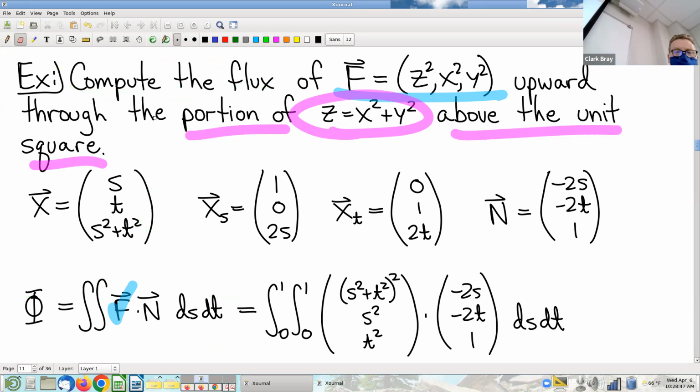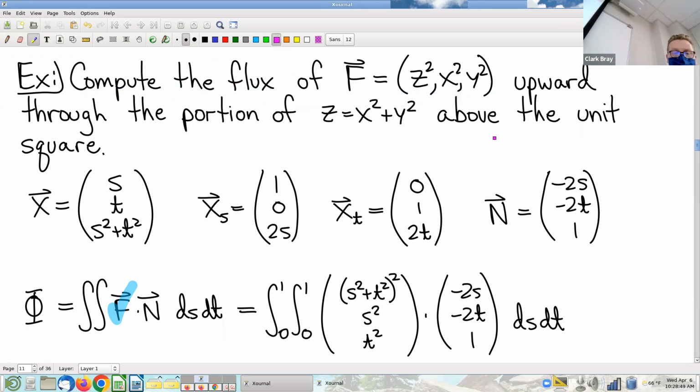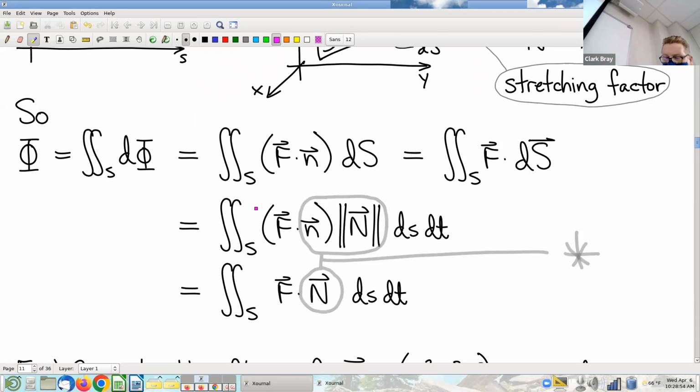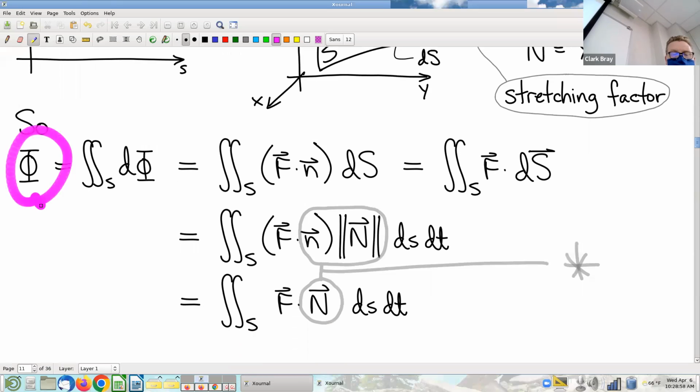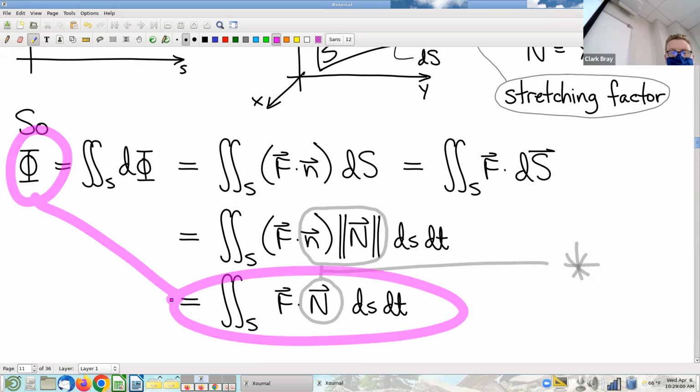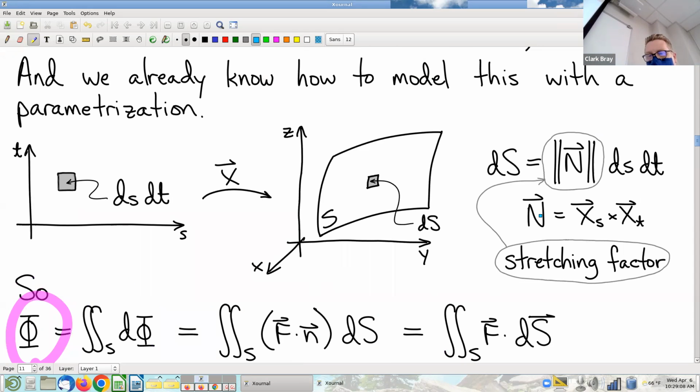Okay, so how do we compute this flux? Well, we know that in order to compute the flux from the parameterization, I'm going to be using this formula. We know that we're going to need our capital N vector. We know that the capital N vector comes from taking the partials, taking the cross product, right? So again, that's our old process that we've seen before.